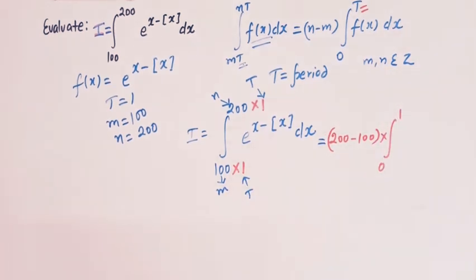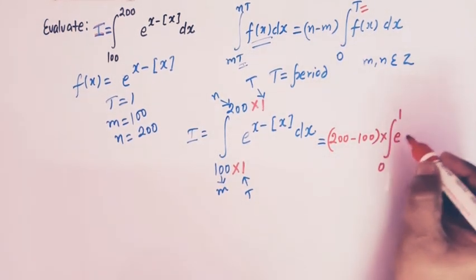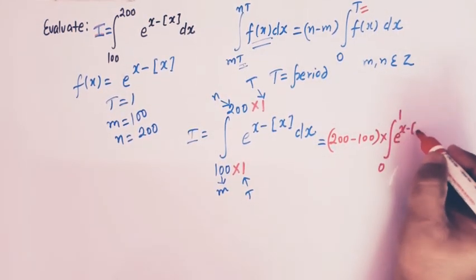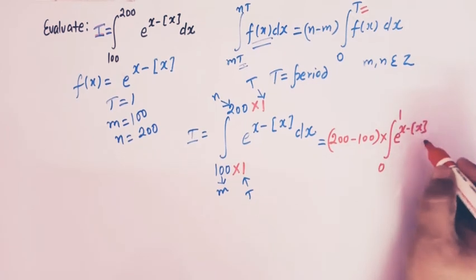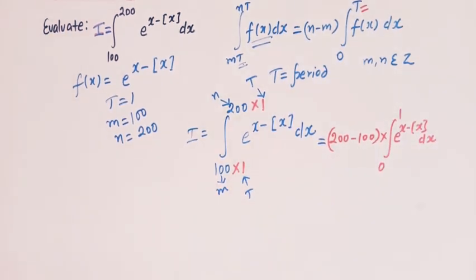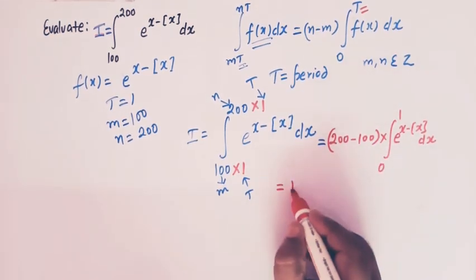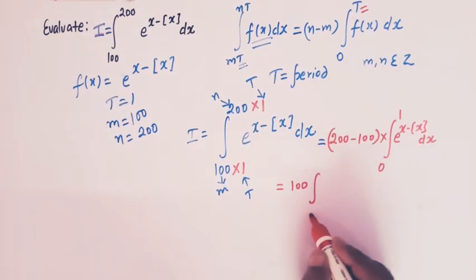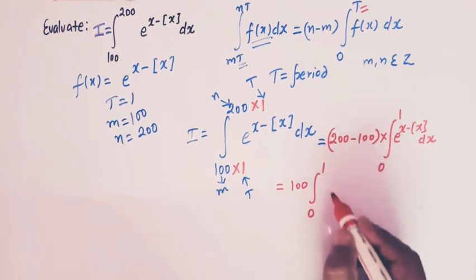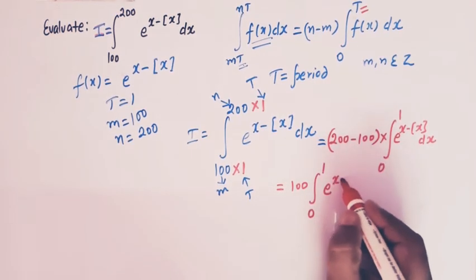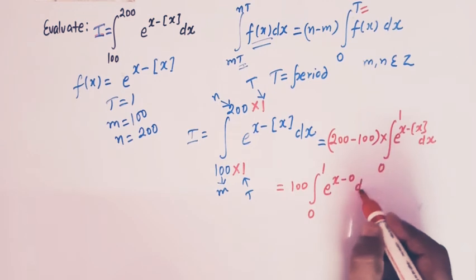So here we have 1, and f of x is e raised to x minus greatest integer x dx. Now 200 minus 100 is 100, and we have the integral from 0 to 1 of e raised to x minus 0 dx.